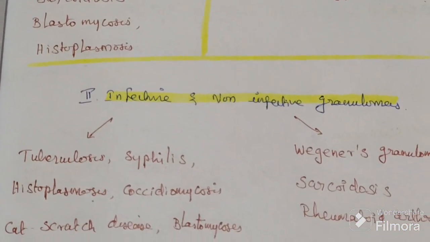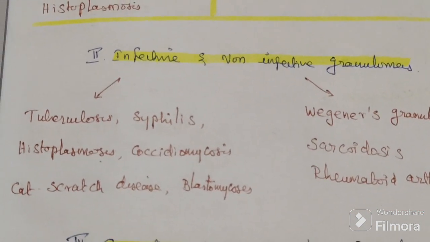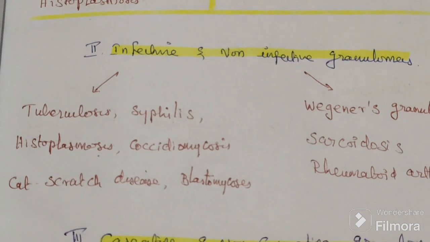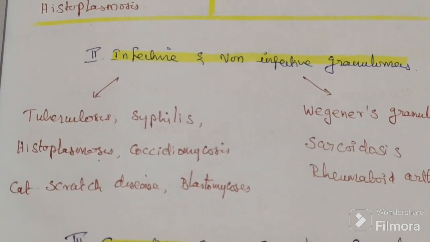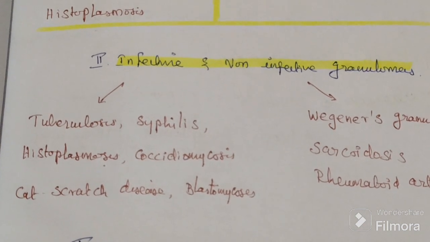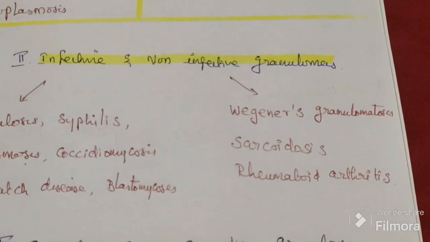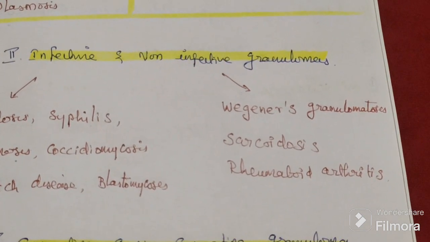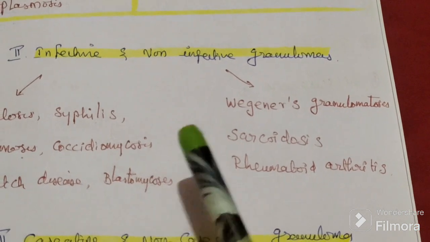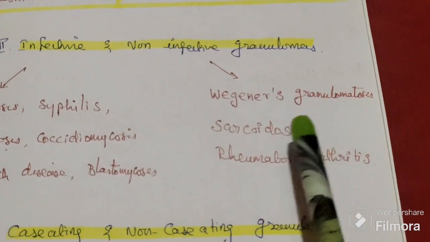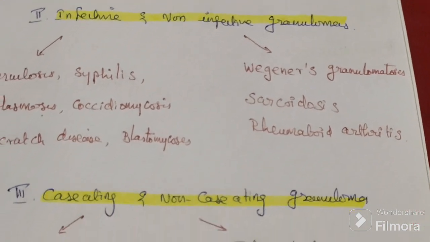Second type, infective and non-infective granuloma. Infective granuloma examples: tuberculosis, syphilis, histoplasmosis, coccidioidomycosis, cat scratch disease and blastomycosis. Non-infective granuloma: Wegener's granulomatosis, sarcoidosis, rheumatoid arthritis.